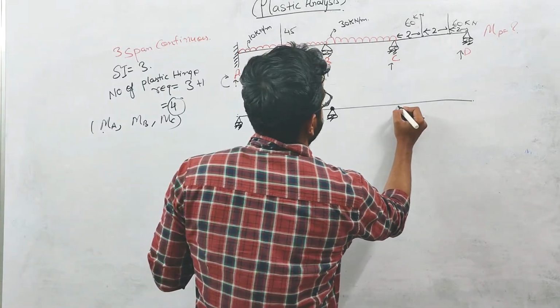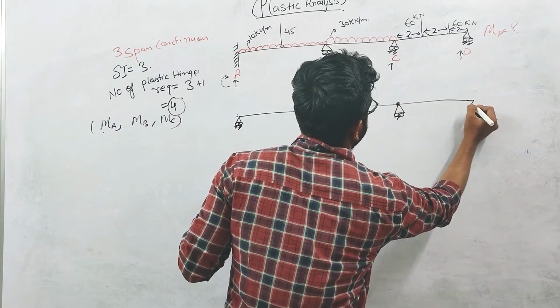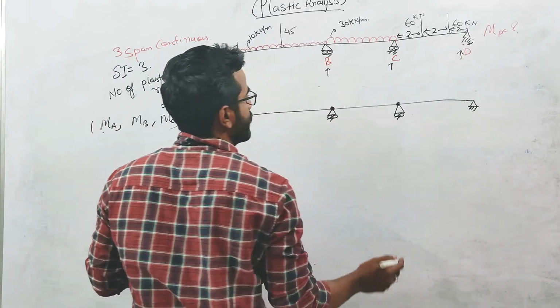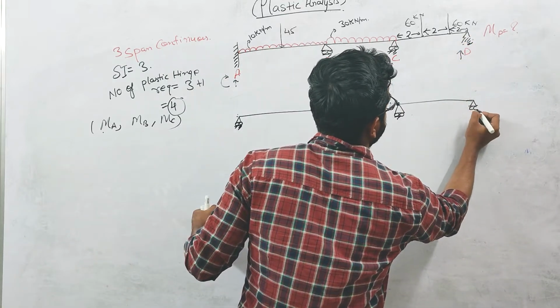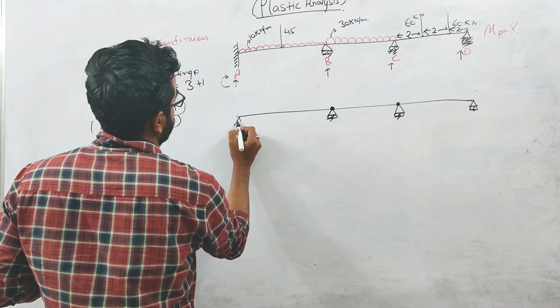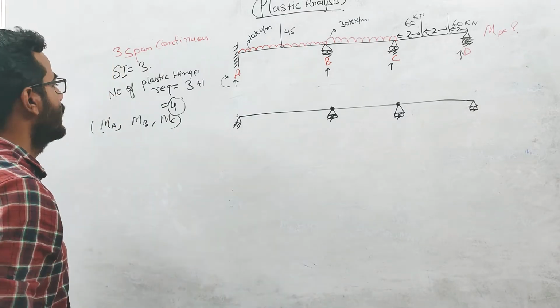At C also there will be one internal hinge. This is the D support. There will be one horizontal reaction.